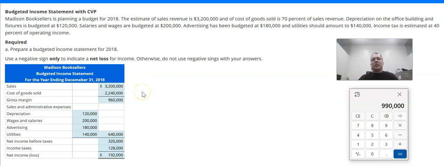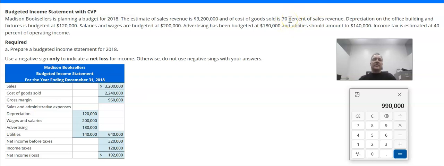We're going to have to account for cost of goods sold. And just like we did with income tax, where we took 1 and subtracted the income tax rate, what we're going to do now is take 1 and subtract the cost of goods sold percentage, which they provided to us as 70%.